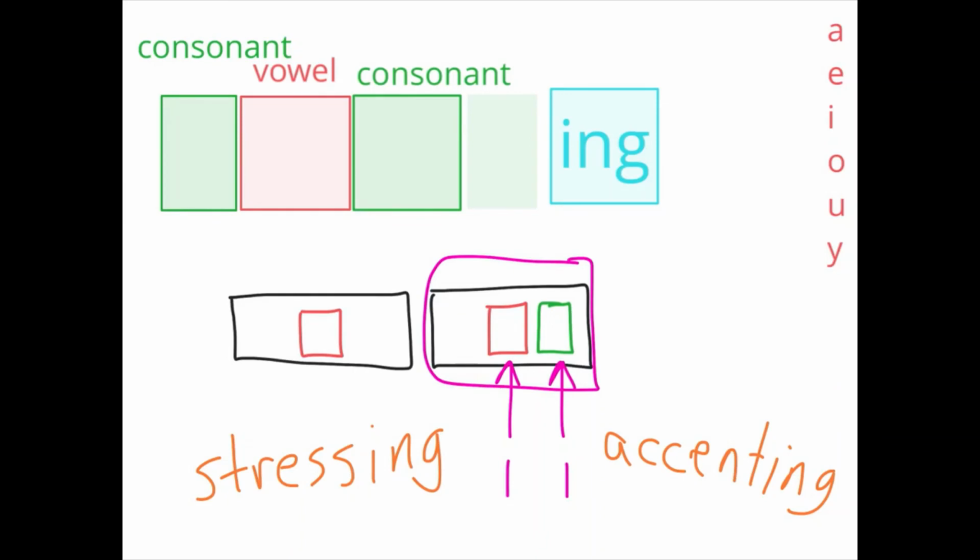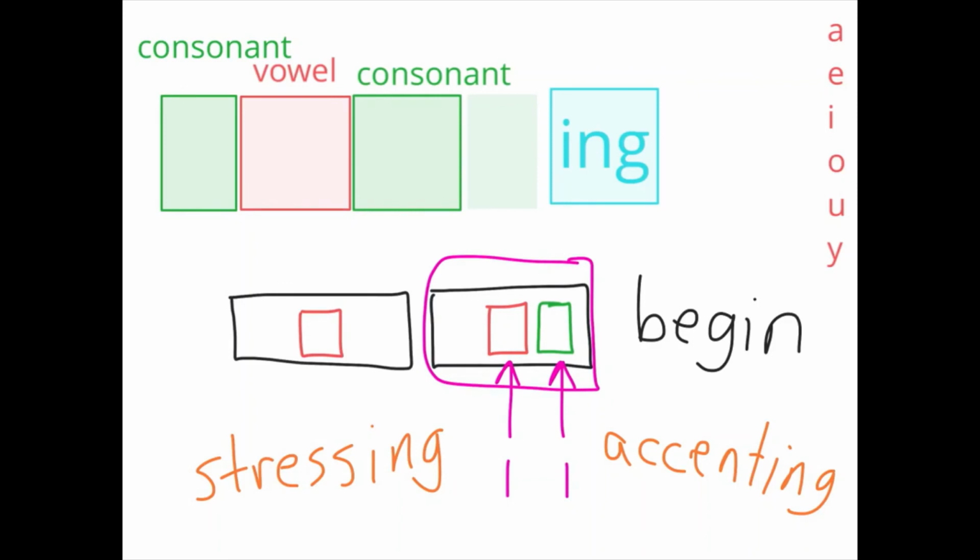And when we say a word, one part of the word we will say stronger than another part of the word. So for example, in the word begin, let's take that word. Do we say begin or begin or begin?